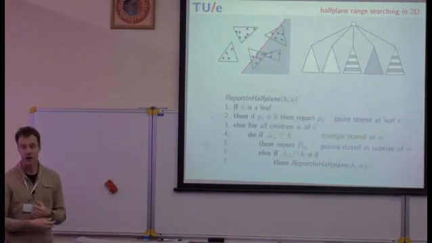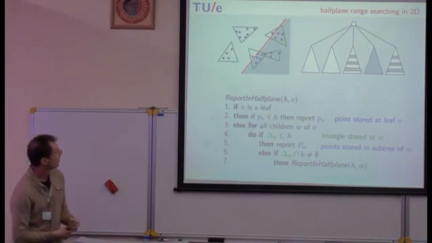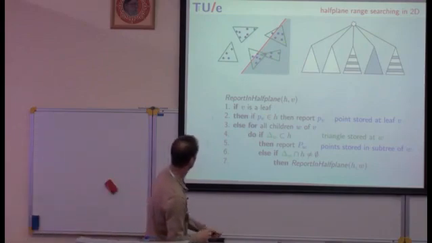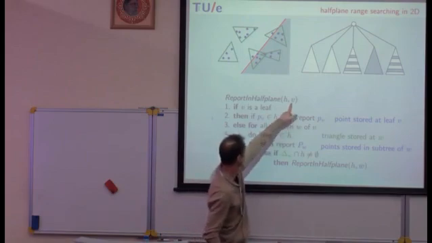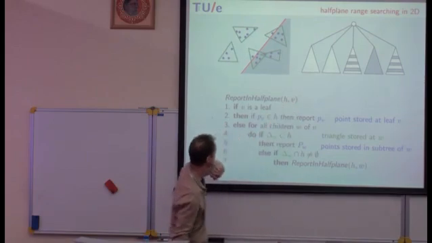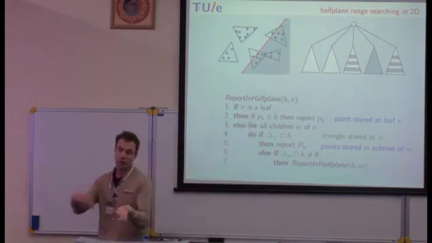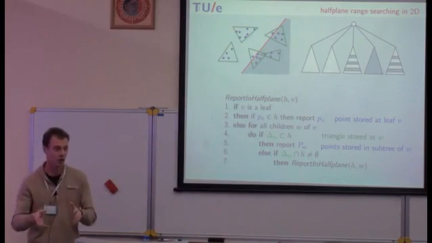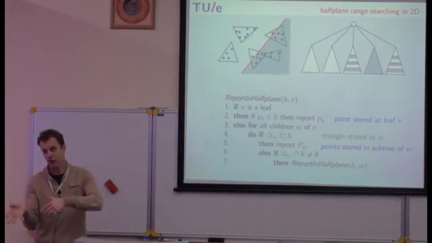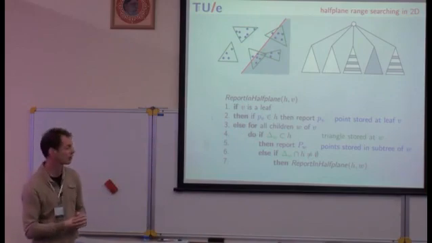No? Okay, so what's the query algorithm? Well, you come with a half plane. It's a recursive algorithm where at some point you are at a node v in the tree. h is my half plane. If v is a leaf, there are 1 or maybe a few points stored there. You simply check which points are inside the half plane and which are not.